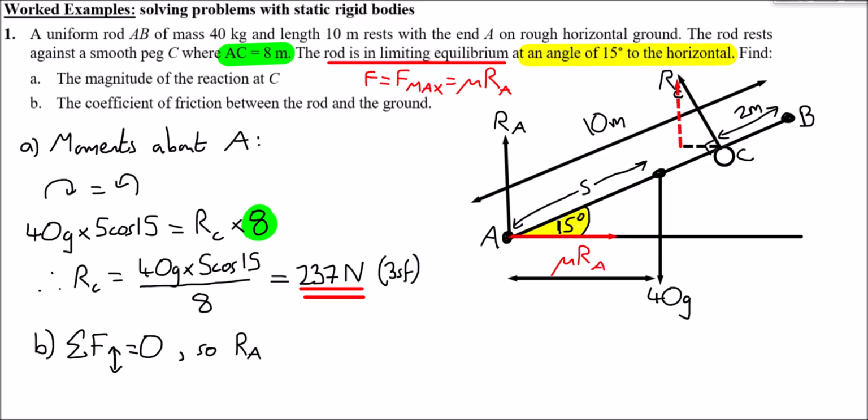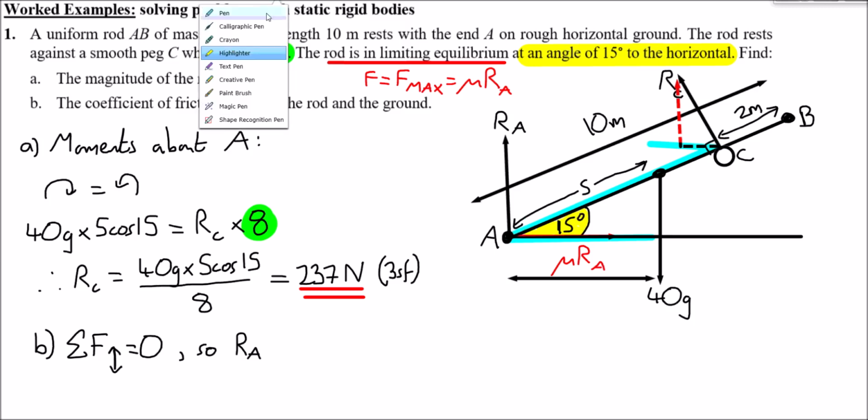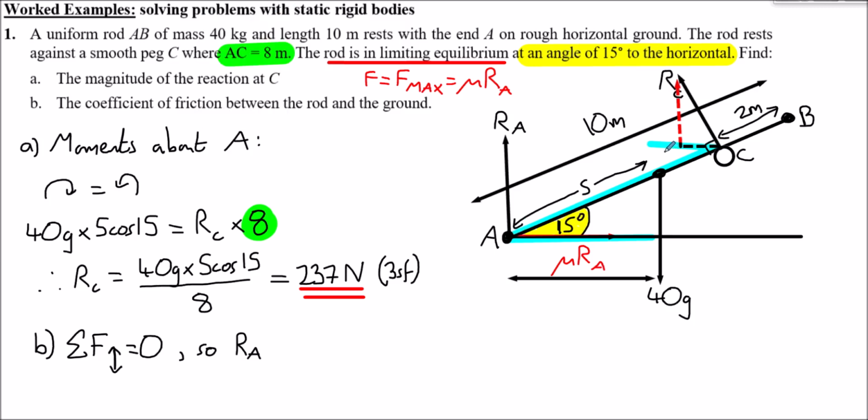Well, first off, we know that the inclination is 15 degrees. So if we just consider some GCSE Z angle work, then we know this bit's 15 degrees. However, this rod and the reaction are perpendicular, so the whole angle's 90.